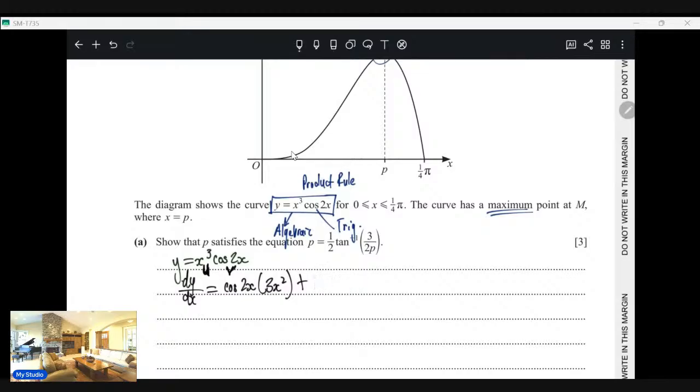Bring the second, multiply by derivative of the first. Now you bring the first, which is x cubed. You multiply by derivative of the second now, which is derivative of cos 2x, which is going to be 2 sine 2x. It's actually negative 2 sine 2x.